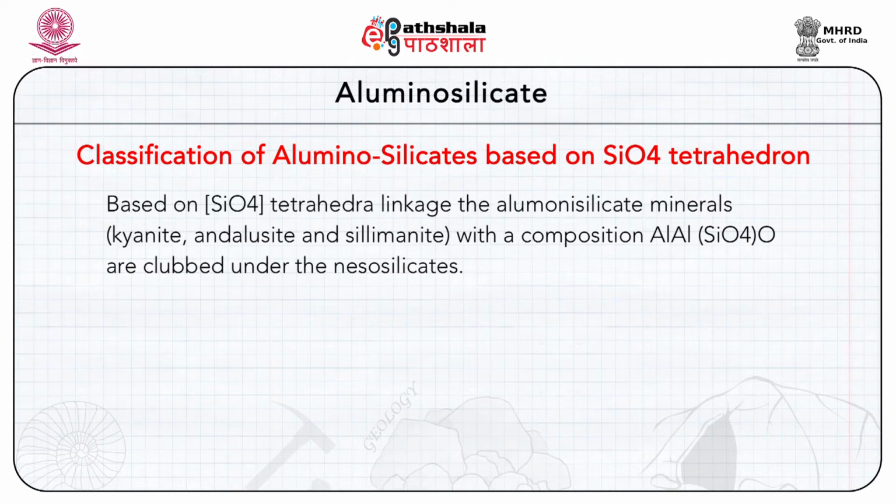In all cases, silicon is tetrahedrally coordinated by oxygen ions, resulting in discrete SiO4 units with 4 negative charge structural units. The remaining aluminum is in 6-fold coordination in kyanite, 5-fold coordination in andalusite and 4-fold coordination in sillimanite.